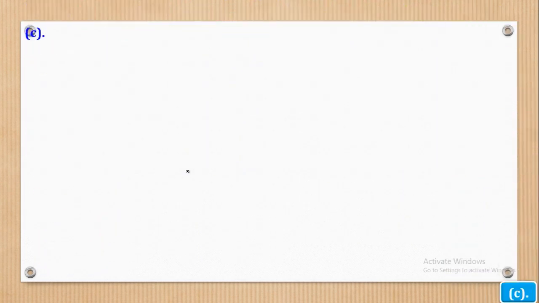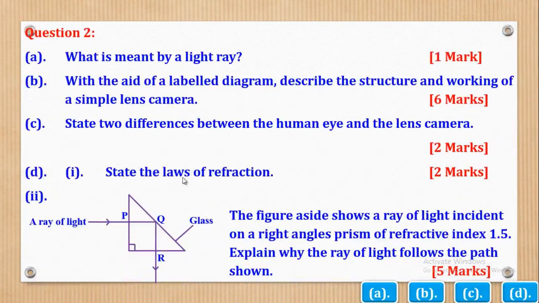So now we shall go to part C. Part C says that state 2 differences between the human eye and the lens camera.